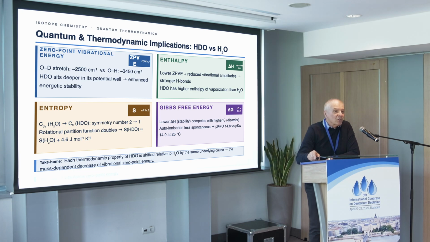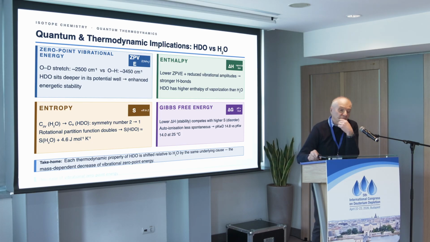The zero-point energy difference makes the energy different and the enthalpy also different. So you will have a difference in the energy, and for example, you can see it in the boiling point and freezing point.